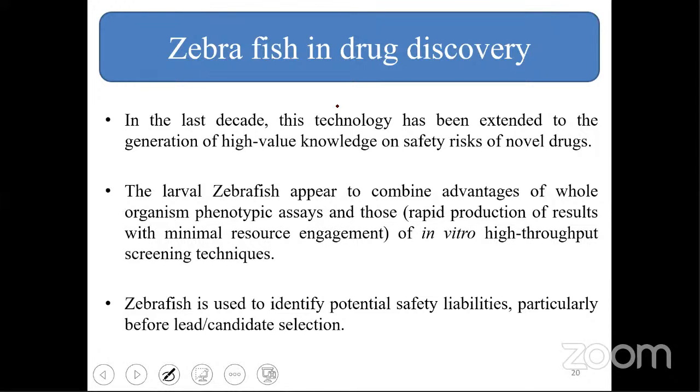The larval zebrafish appear to combine the advantages of whole organism phenotypic assays and those of in vitro high throughput screening techniques. The zebrafish is used to identify the potential safety liability, particularly before lead candidate selection.